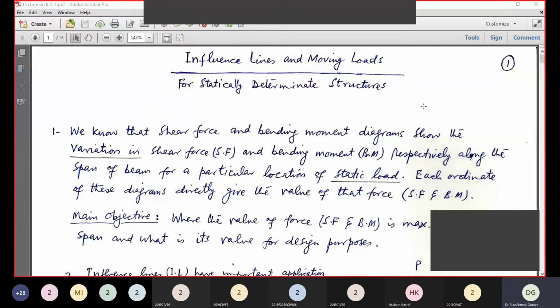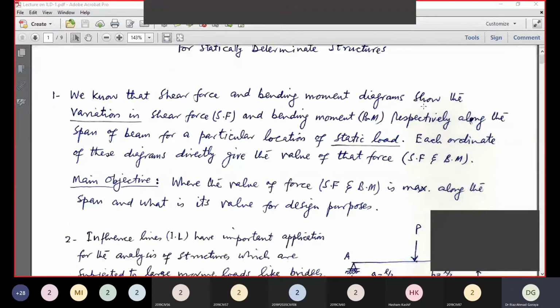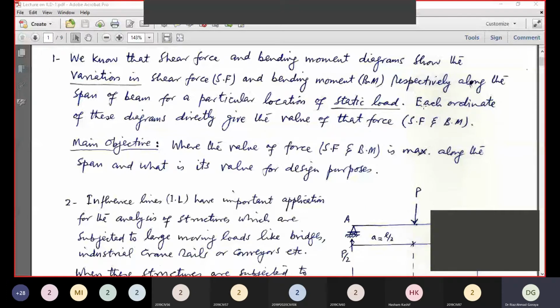Static load is underlined because the conventional shear force and bending moment diagrams correspond to static loads. Now the main objective of drawing the shear force diagram and the bending moment diagram is to know where the value of the shear force and bending moment is maximum along the span and what its value is, which will be used for design purposes.